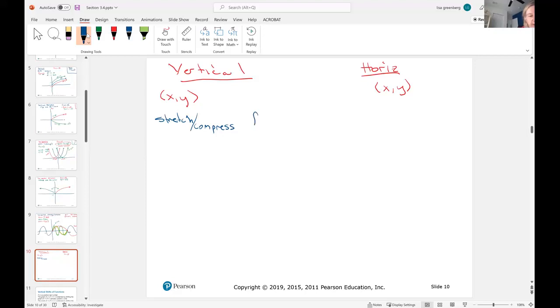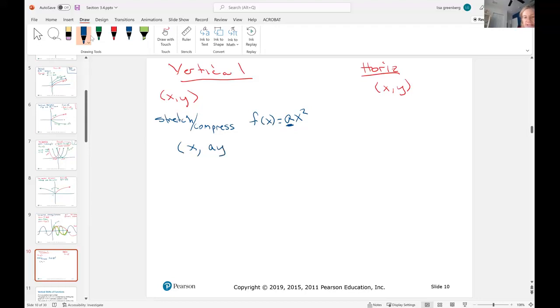So for example, if I have f of x equals a x squared, where a is my stretch or compress, my new value is going to affect y. So I would have the same x, but I would have a times y. That's not a of y, that's a times y.